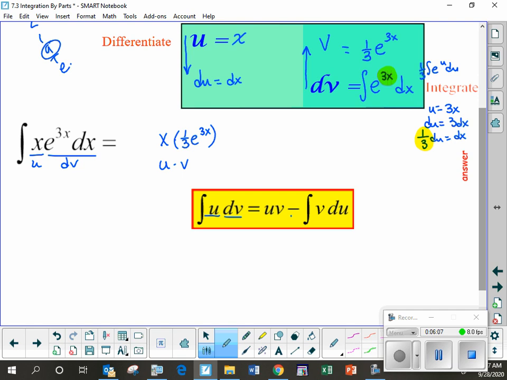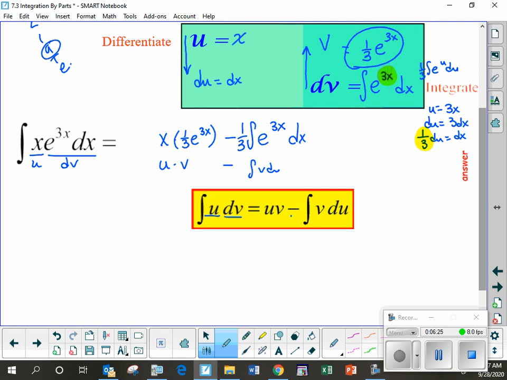I need to subtract the integral of v du. So I'm going to subtract the integral of v, 1/3 e to the 3x dx. And that's the layout for integration by parts.